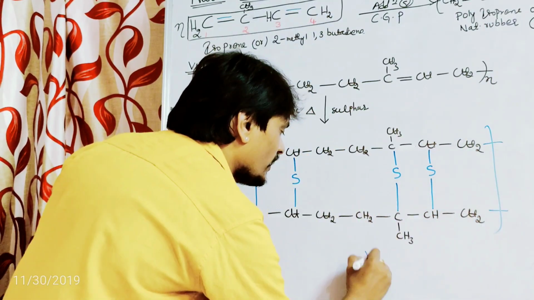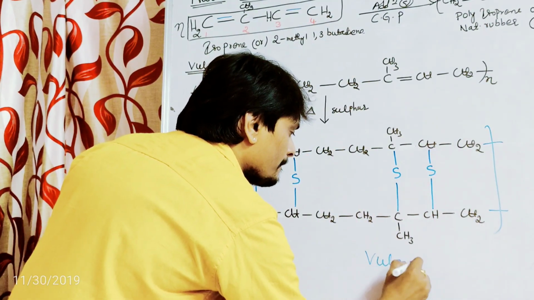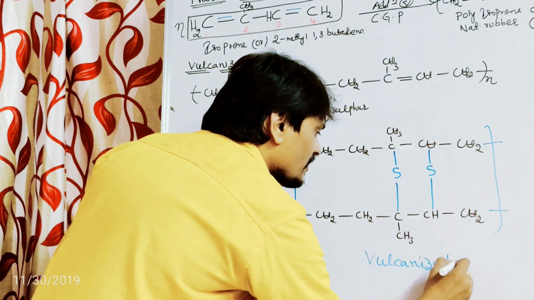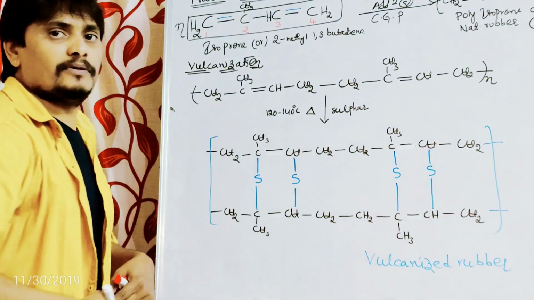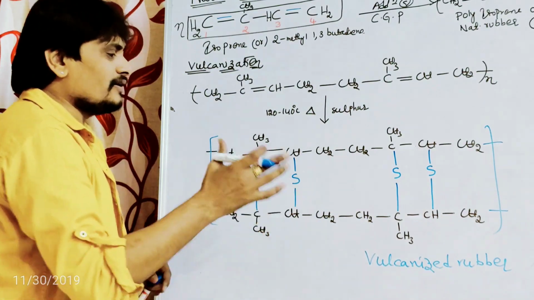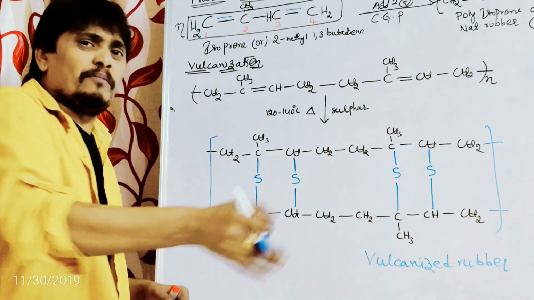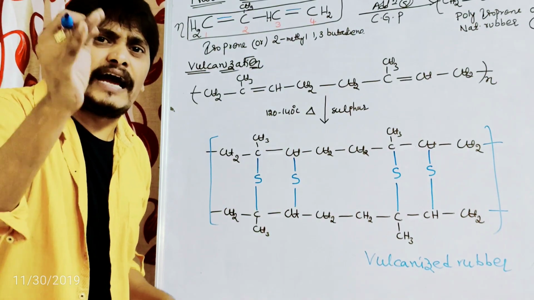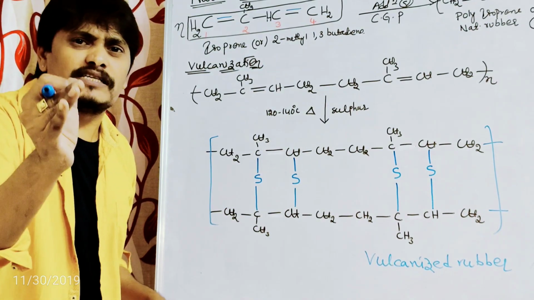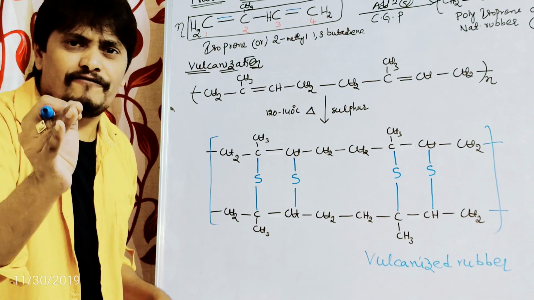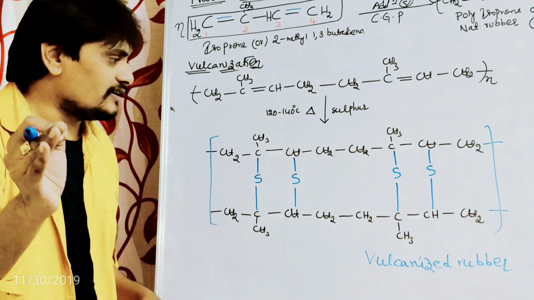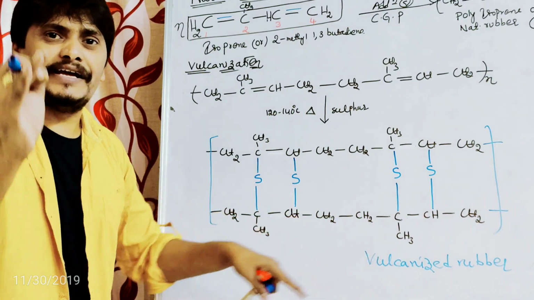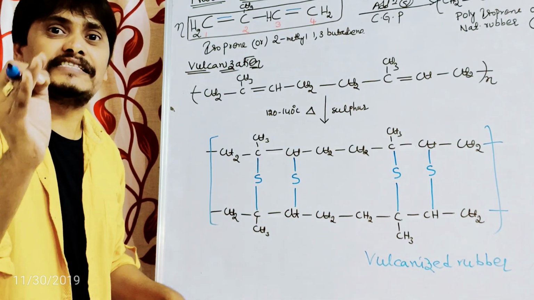This is vulcanized rubber. Now this vulcanized rubber is a cross-linked rubber, and as we know, a cross-linked polymer is stiff, strong and rigid in nature.